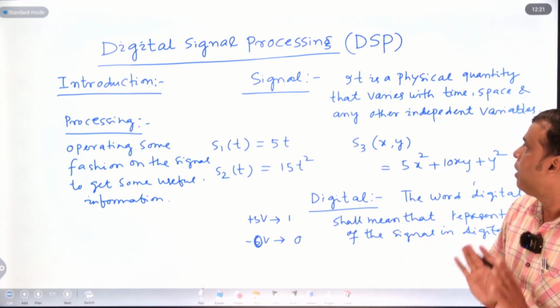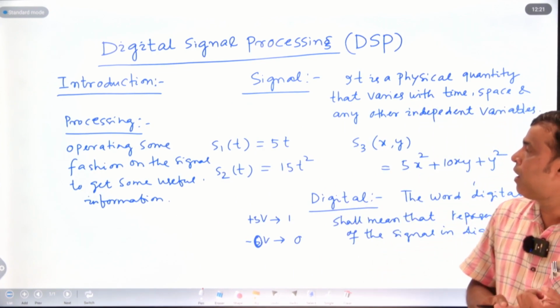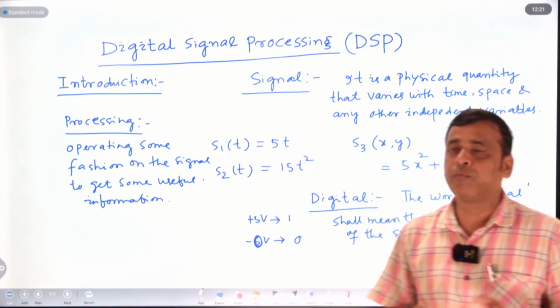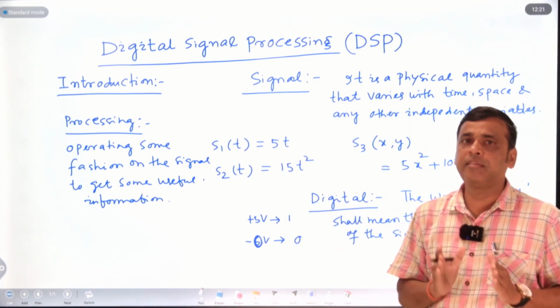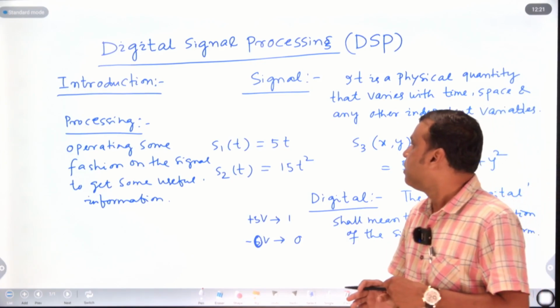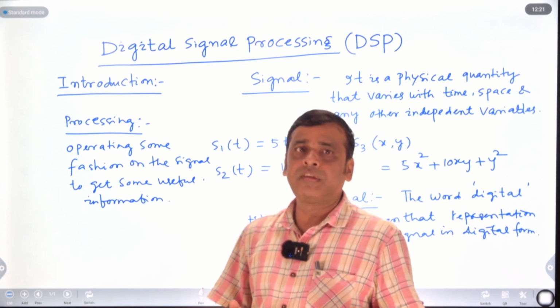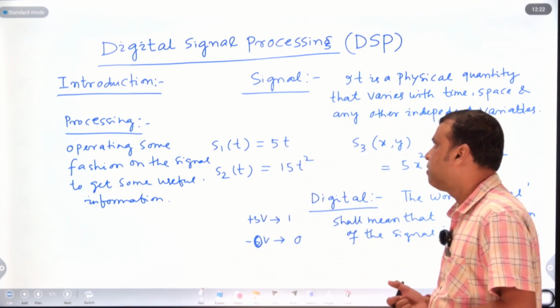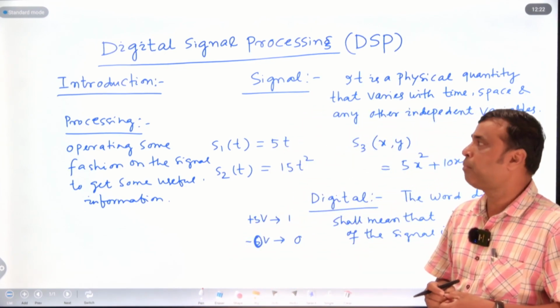So already we know what digital, signal and processing mean. If we combine these three words into digital signal processing, it means first of all the representation of the signal and then processing the signal. That's what we can say is digital signal processing.